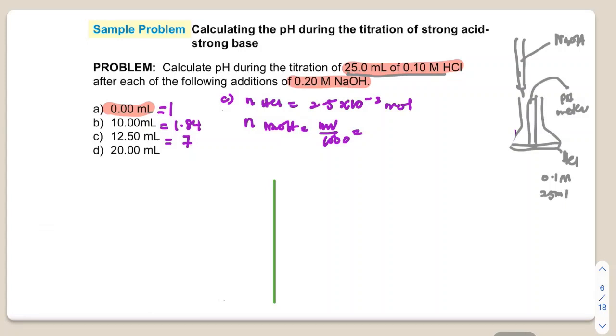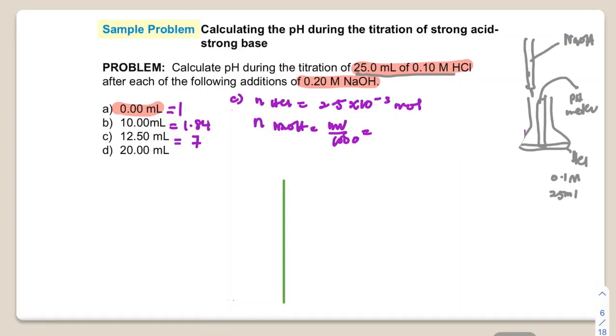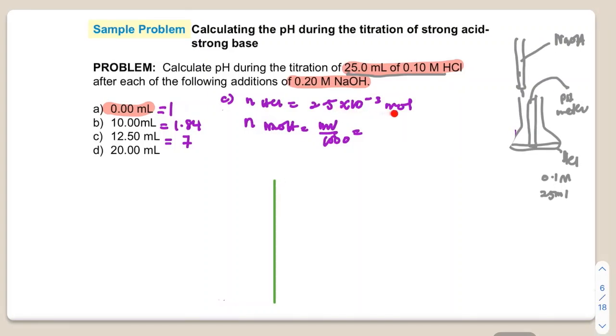Let's look at D. It is when 20 ml of the sodium hydroxide is added. So we know that the initial amount of the HCl is 2.5 times 10 to the power of negative 3 mole. And then n for the sodium hydroxide is equal to 20 ml multiplied by 0.2 molar over 1000, which is equal to 4 times 10 negative 3 mole.